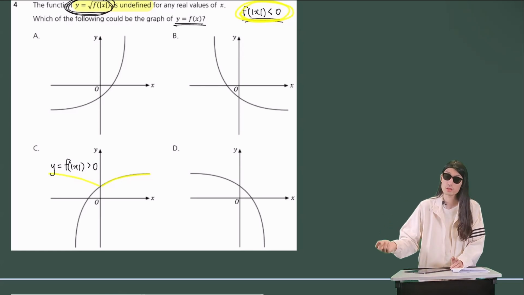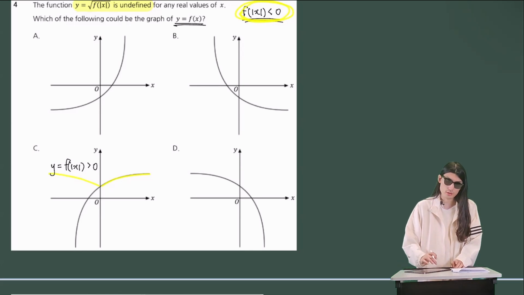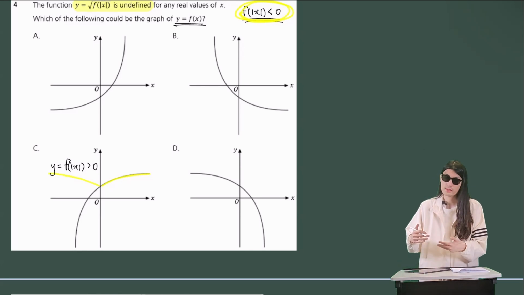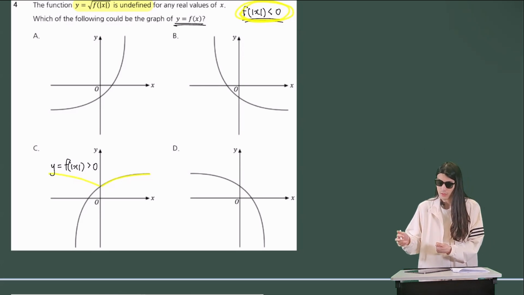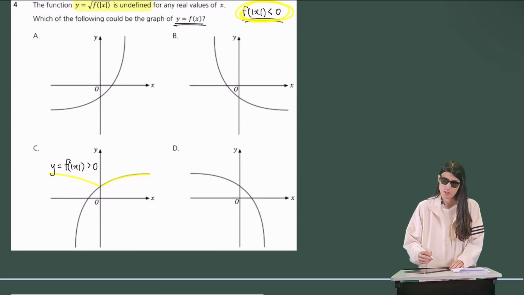But of course the question says otherwise. It says it's undefined, doesn't it? So for the same reason, the other two options, A and D, which have graphs in the first quadrant, cannot be the answer. The answer then must be B.